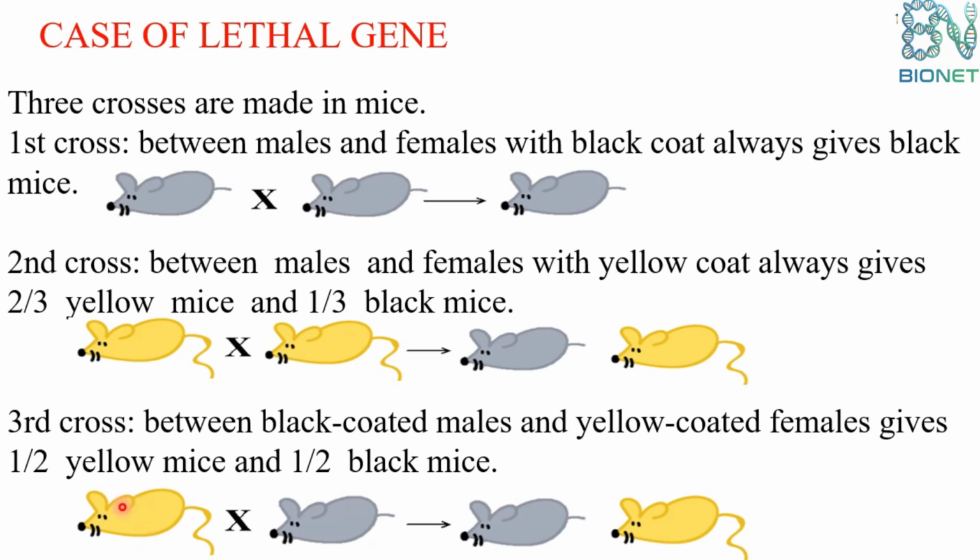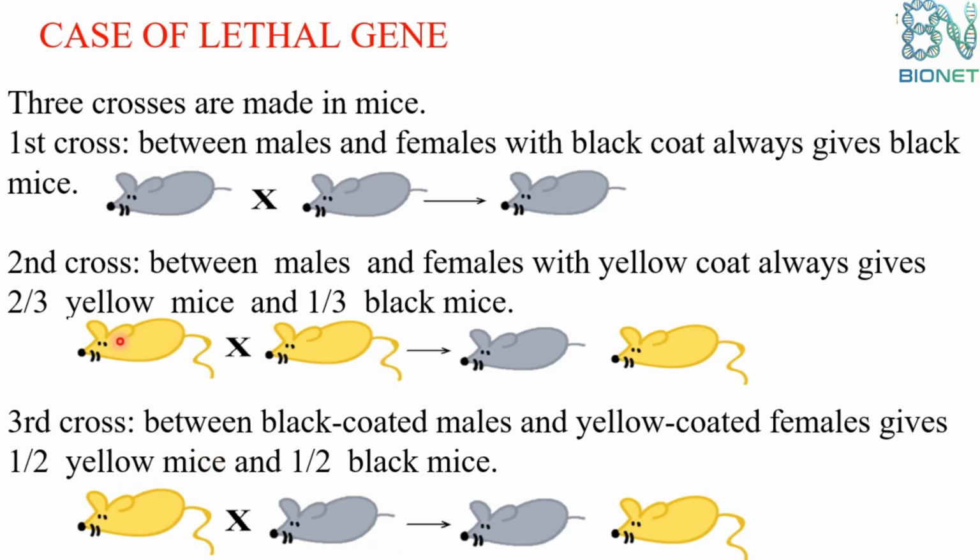But here, the yellow mouse is heterozygous because in the descendants, we have appearance of a black mouse. This black mouse is of genotype small b, small b, then it has inherited an allele b from this parent and an allele b from this parent, then the yellow parent is heterozygous.